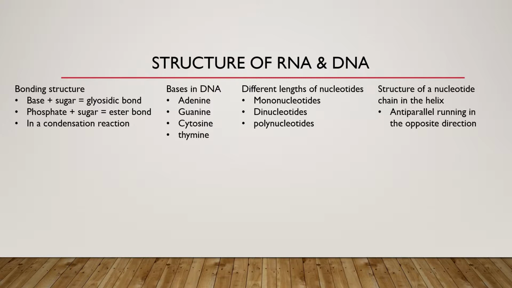As they run in opposite directions, the bonds that form between the bases are all complementary to each other. For instance, adenine will bind to thymine, guanine to cytosine. The bonding relationships are purines, which are adenine and guanine, to pyrimidines, which are cytosine and thymine.